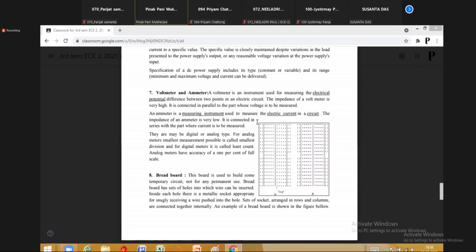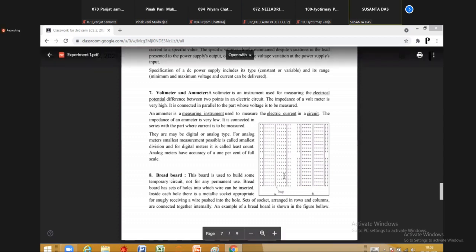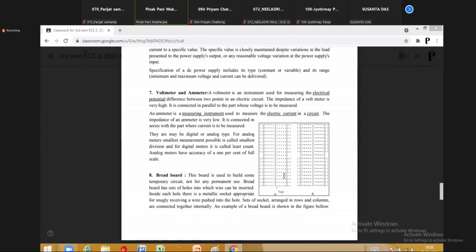So I want to summarize the point like that, we have two kinds of board. One is temporary board. One board is used for the temporary connections. This is called the breadboard, and the picture of the breadboard is looking like this. This picture you can see. Another kind of thing is PCB. So I think everyone of you has seen some kind of PCB. PCB stands for printed circuit board, and in this case, the connections are fixed.